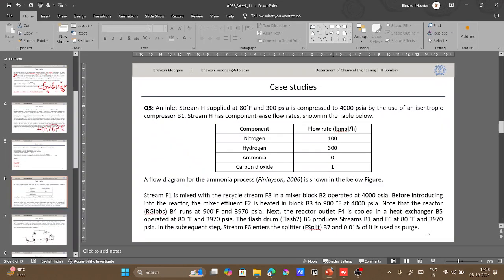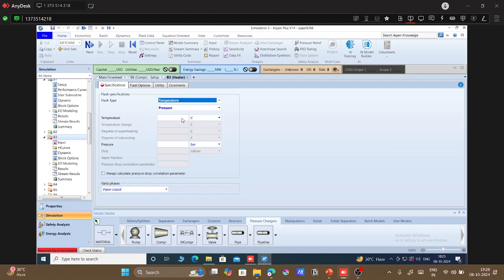The heater will heat the feed mixture to 19 degree Fahrenheit with a 0 pressure drop. So the outlet of the heater is at 19 degree Fahrenheit, with 0 psi pressure drop considered.